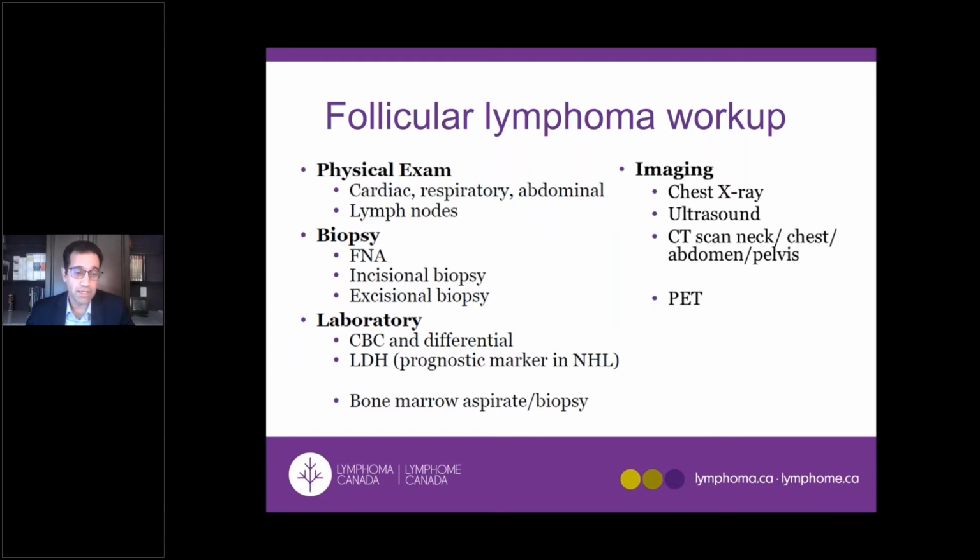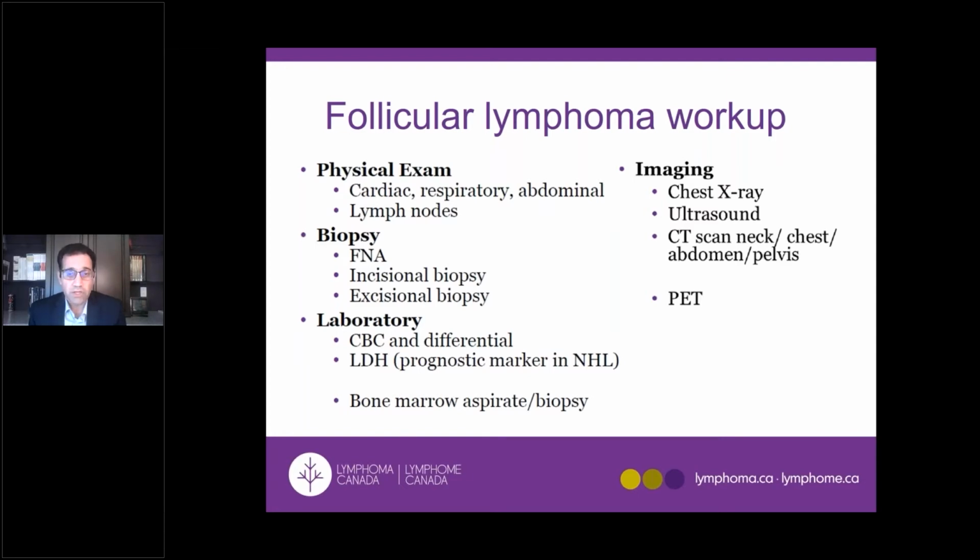We do an LDH, which is important for staging, and sometimes gives us a prognostic marker in non-Hodgkin lymphoma. We sometimes do a bone marrow biopsy, since we know that 70% of follicular lymphoma have bone marrow involvement or come with stage 4, but sometimes we do it for staging.